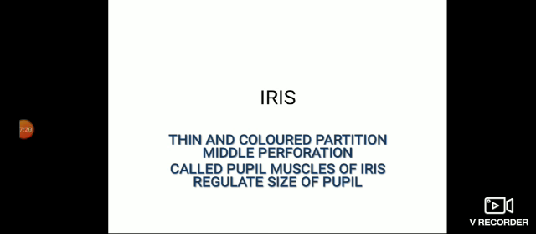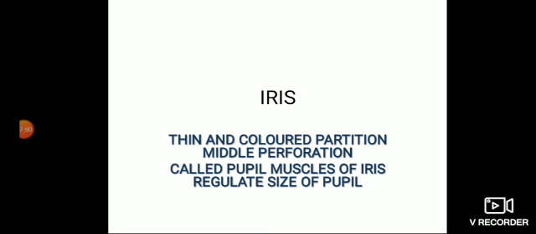This is the slide of the iris again. What I told you, that it is a colored partition. This iris has a middle perforation called the pupil. The pupil is held by the ciliary muscles or ciliary ligaments, and it is just a hole in front of the lens.